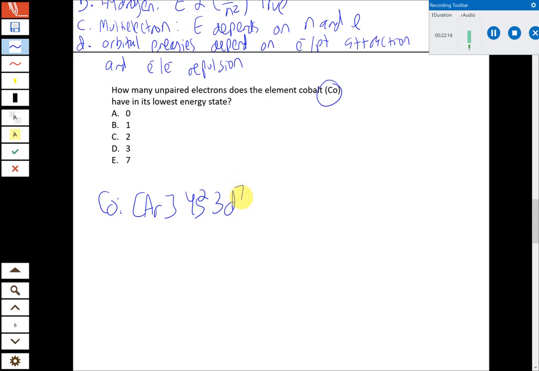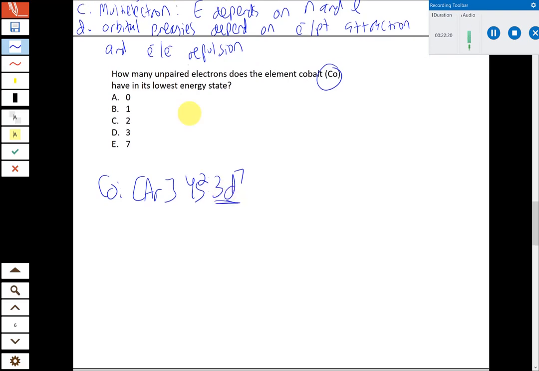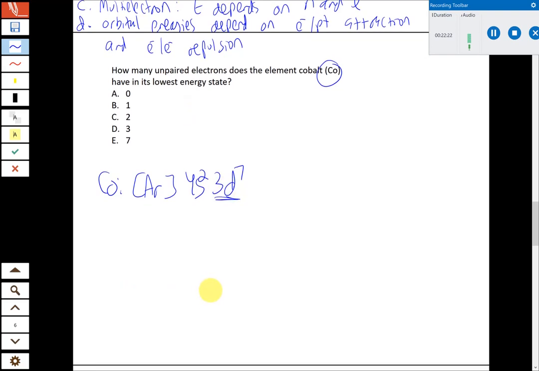And then if we want to figure out how many unpaired electrons there are, we look at the partially filled subshells. In this case, the only one is 3d. And we need to actually draw out the specific orbitals. So for 3d, there's going to be 5 individual orbitals. As we said in the last problem, these 5 will all be at the same energy. And then to follow Hund's rule, we want to maximize the unpaired electrons and figure out how many there are to be able to answer this question. So if we have 7 electrons to put in there, the way that we're going to arrange them correctly is to start with 1 electron in each orbital first before we pair them up.